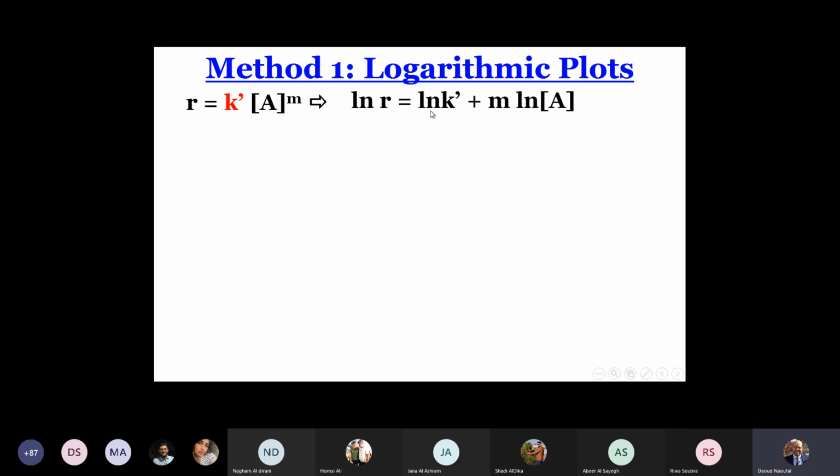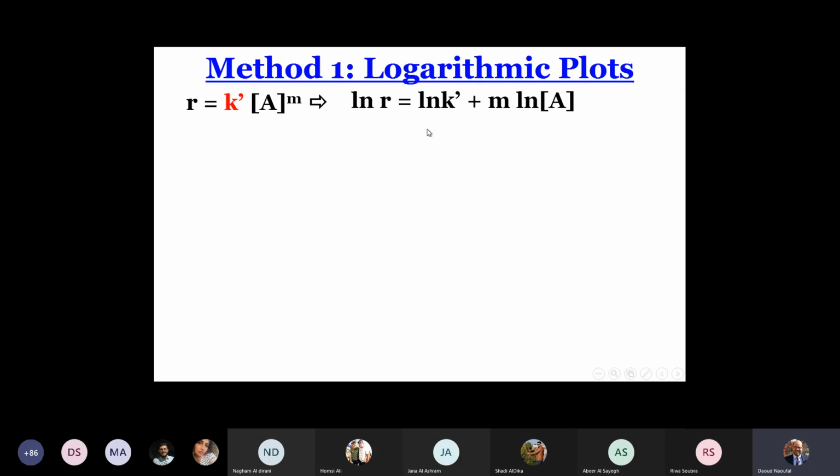So ln r = ln k' + m ln [A]. This is the equation of a straight line. ln r equals y, ln [A] equals x, and ln k' equals b. So y = ax + b.